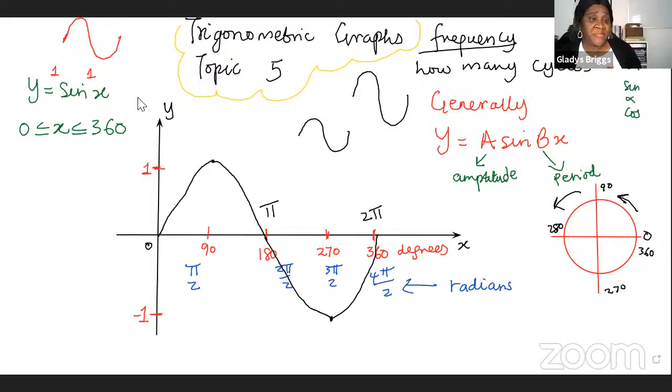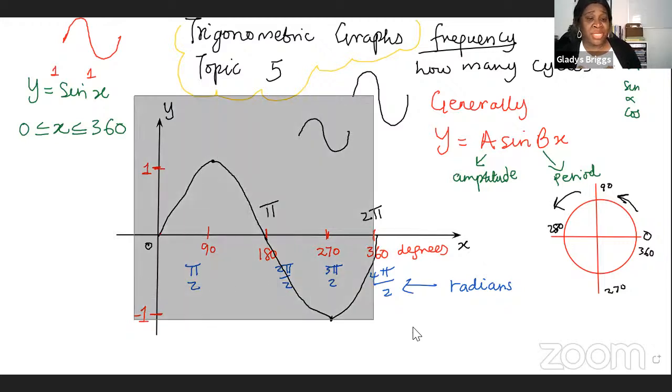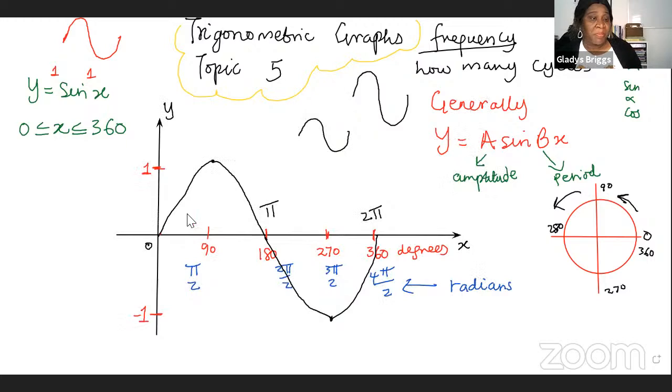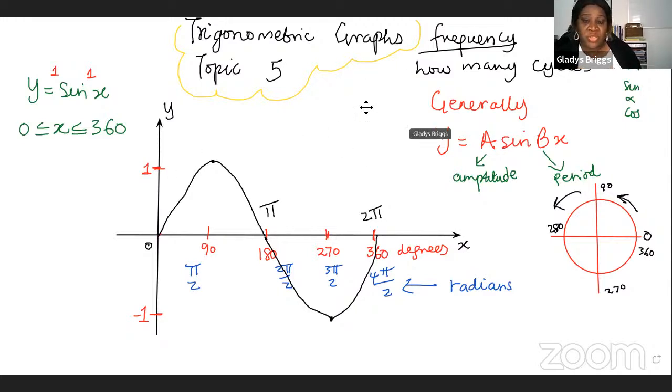If I don't see your graphs, you will not know what to do when I start to transform them, because I'm going to do a transformation of these graphs. I'm going to change some of the information on there, so that you can see what the graph looks like when it's changed.